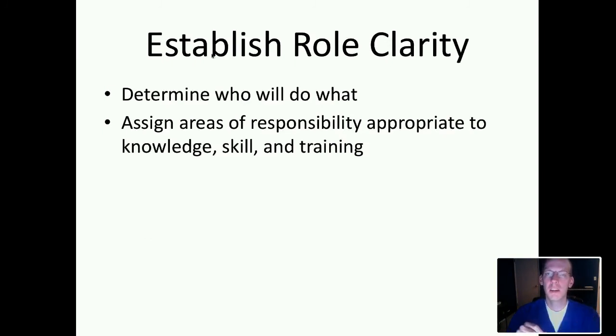As the leader, you want to make sure that you establish role clarity so that everyone knows who is supposed to do what. You want to assign areas of responsibility to the appropriate person, making sure they have the adequate knowledge, skills, and training, because you need things to happen quickly and efficiently. You also need to monitor to make sure that if someone isn't able to accomplish that task, you reassign them.